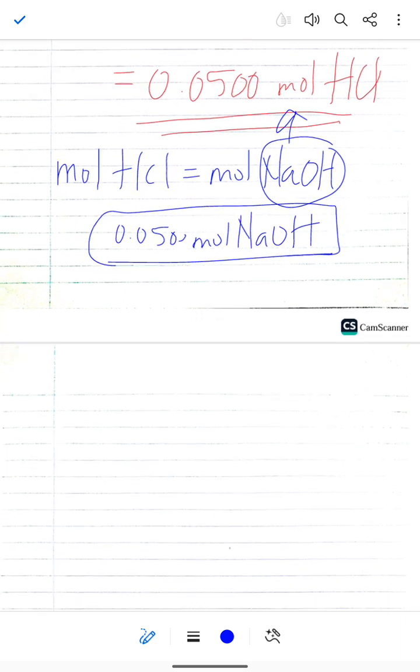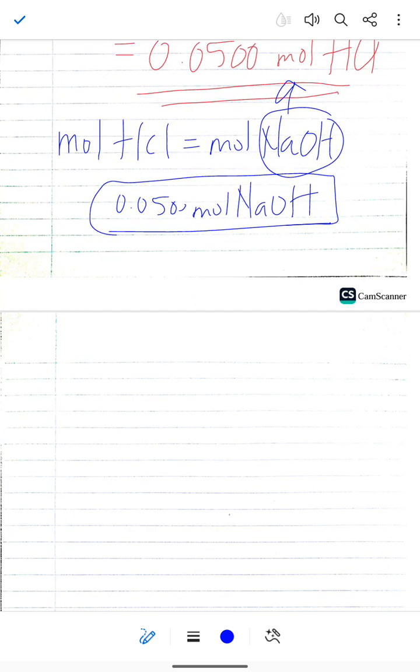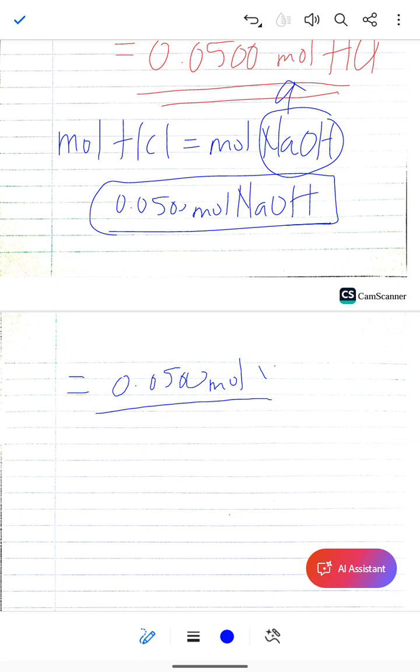To calculate the volume of sodium hydroxide, I simply take the moles and divide by the concentration, which is 0.7450.